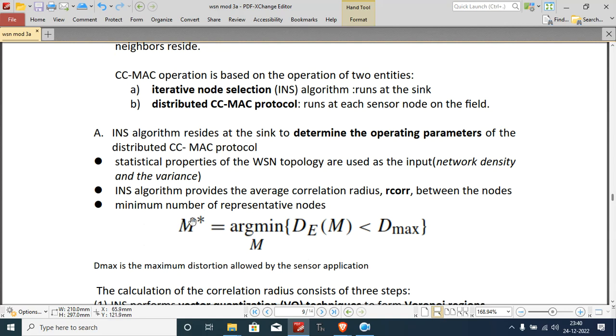Because we are trying to consider a subset of N, represented as capital M, this has to always be lesser than D max, and it's given as argmin of DEM lesser than D max, where D max is the maximum distortion allowed by the sensor application. So this DEM has to always be lesser than the maximum value.